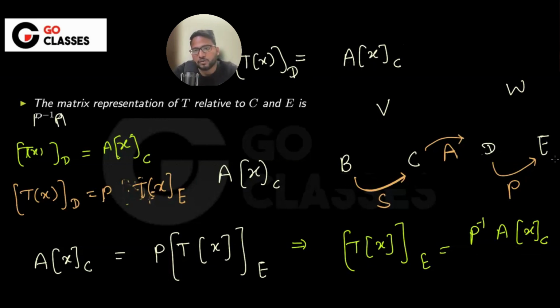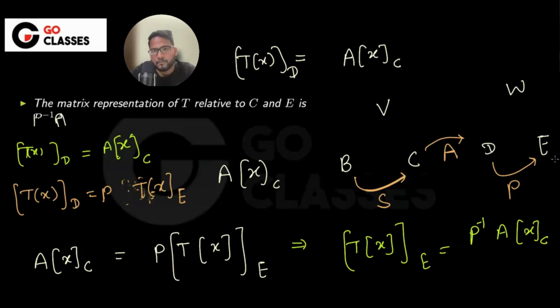Because if I want to go from basis D to E, so if I want the transformed vector in E, it should be P into this, right?